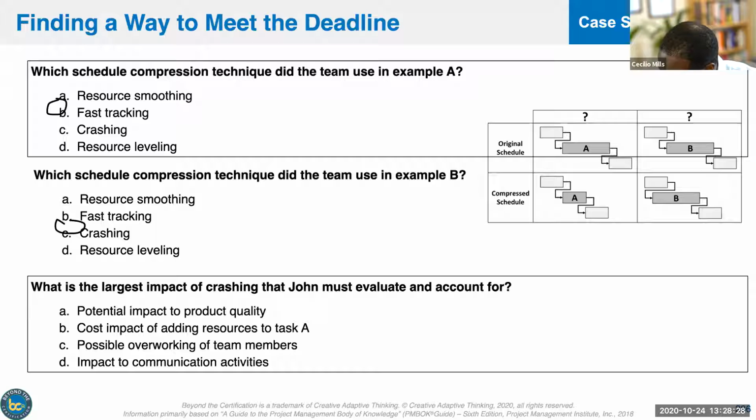Okay. Then what's the largest impact of crashing that John must evaluate and account for? B. Why B?